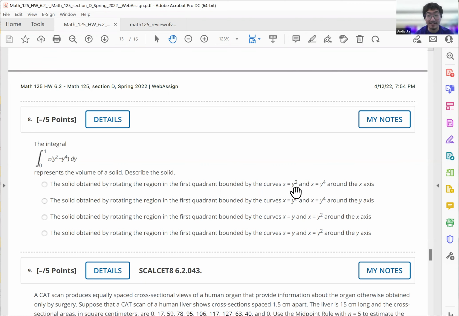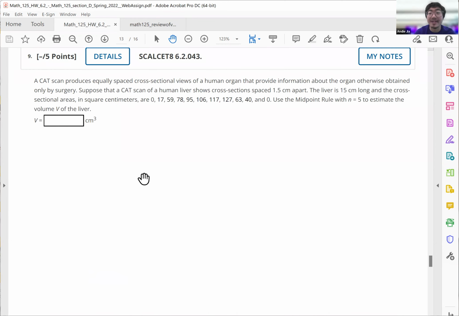Because if you do the square root of something, it will be like y to the 4 and y to the 8. Because it's dy, it is going to be rotating about the x-axis. So it's going to be the third one.